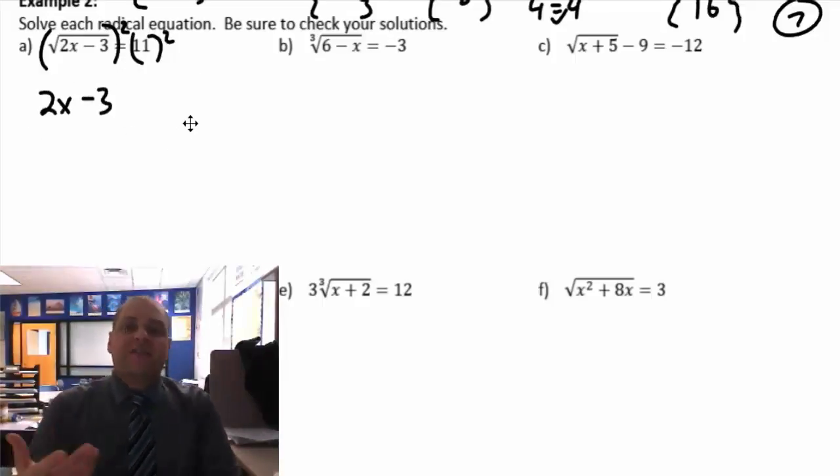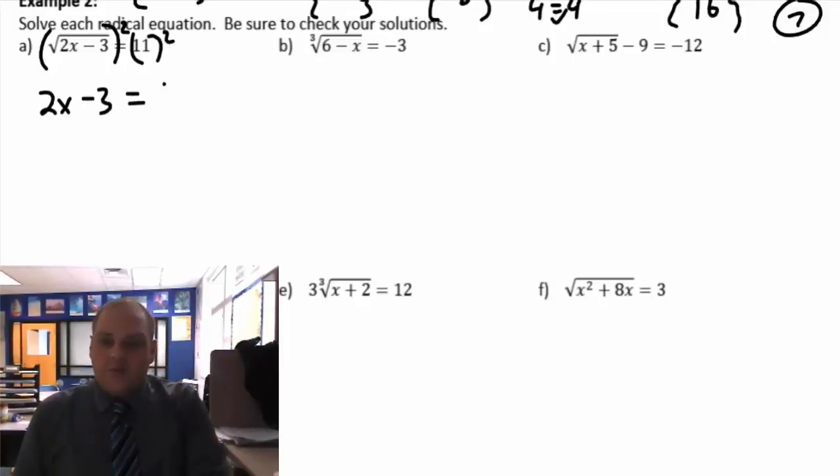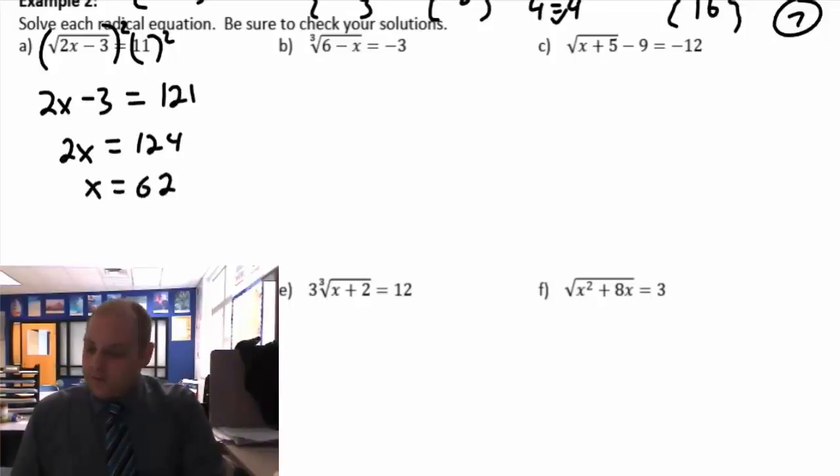So instead of just x, you get a binomial, 2x minus 3. And that equals 121. You have to square the 11. So 2x equals 124, add 3, and then divide by 2, x equals 62.